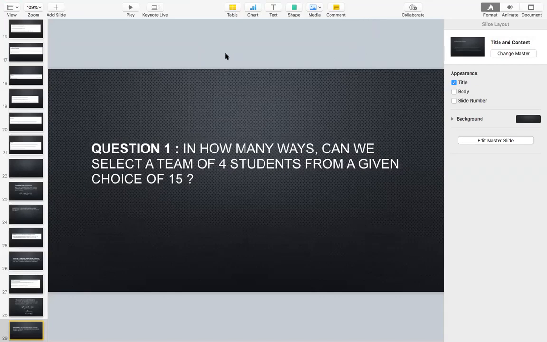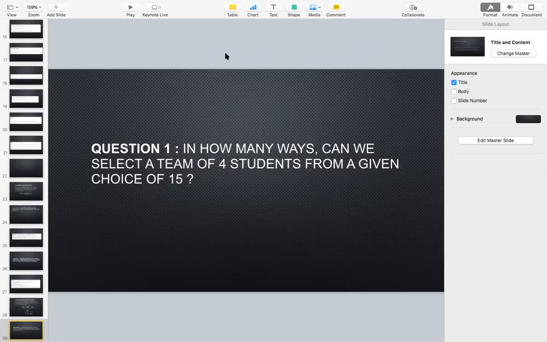Suryadev is asking, what if we do 15P4? Suryadev, 15P4 means you have selected 4 from 15 and then you have also arranged those 4 people.